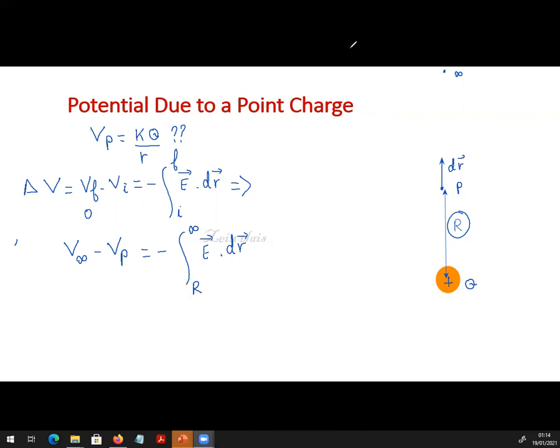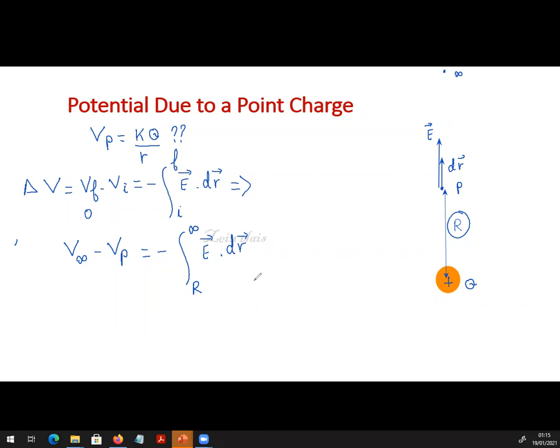You know, E is outward because it's a positive charge. So at this point P, E also must be outward.